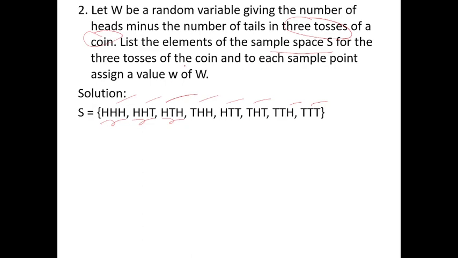It says here, to each sample point, assign a value w of W. So what will be the value w of our random variable W? What is our W? Giving the number of heads minus the number of tails. So that is our random variable. We apply this in every sample point.